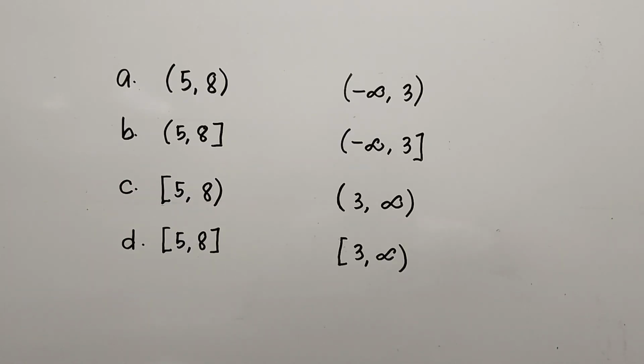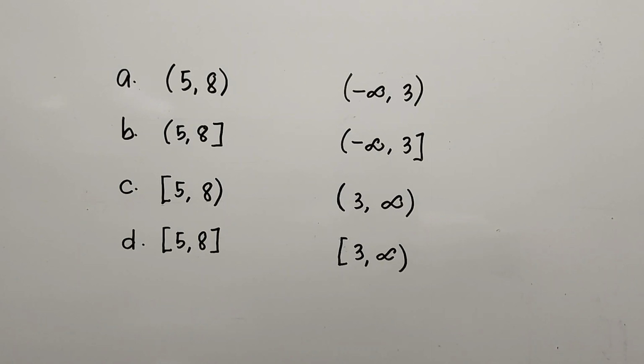For the second group of sets, we have this infinity symbol. If we are using infinity, since we don't know the last number of the infinity, our set should be in parentheses. We cannot use a bracket for infinity. So for the first, a set from negative infinity to positive 3, where 3 is not included.